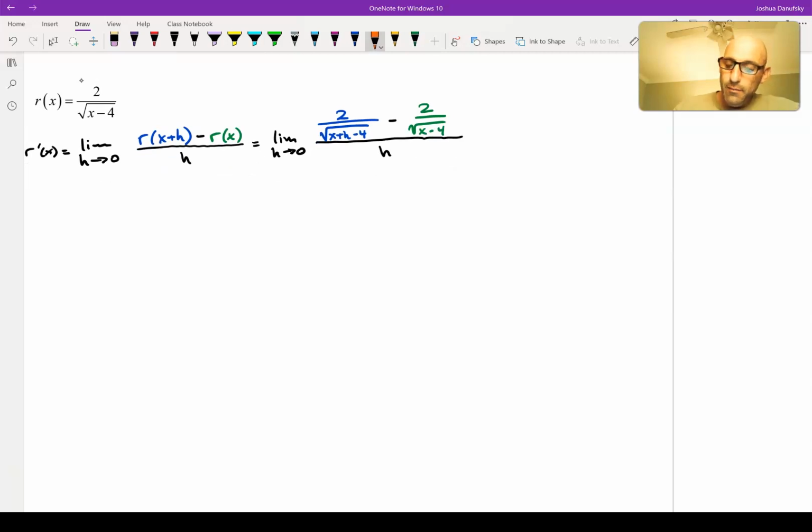I'm going to take the least common denominator, which in this case is the square root of x plus h minus 4 times the square root of x minus 4. And I'm going to multiply that on top of my fraction like this, but I'm also going to multiply it on the bottom of my fraction like this.